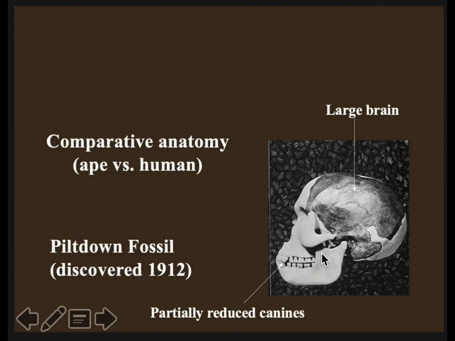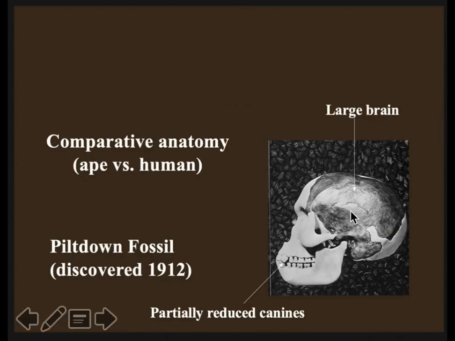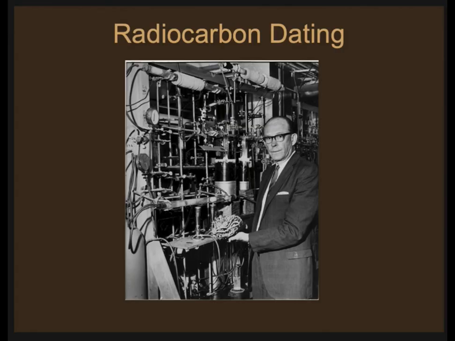And a lot of people were very skeptical of this find because it contradicted all the other evidence that was being discovered. And not too long after Piltdown Man was first found, many people thought that this was in fact a forgery. But it wasn't until radiocarbon dating that people were actually able to prove it without a shadow of a doubt.